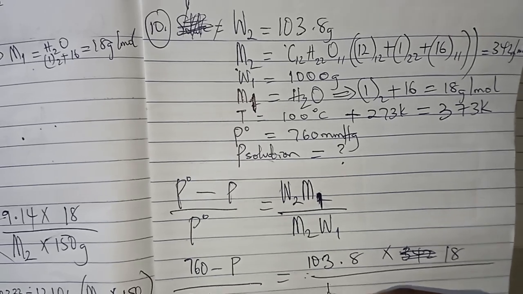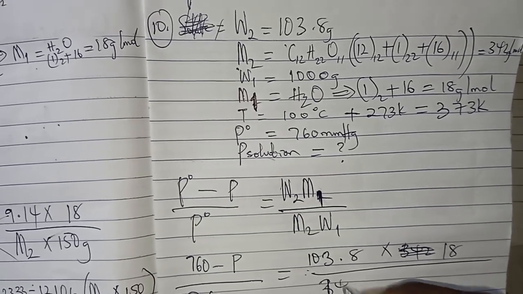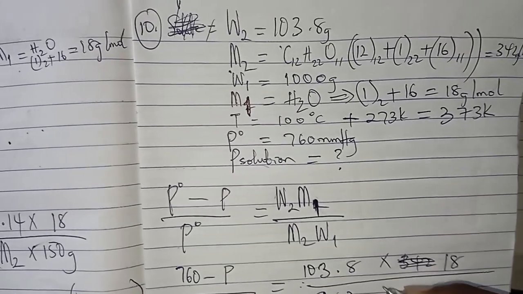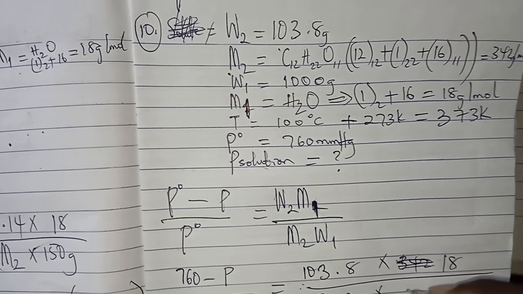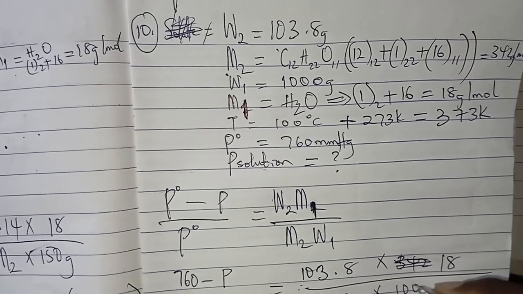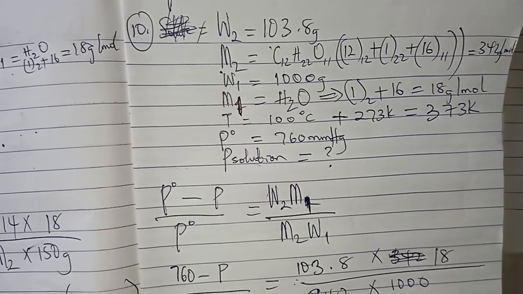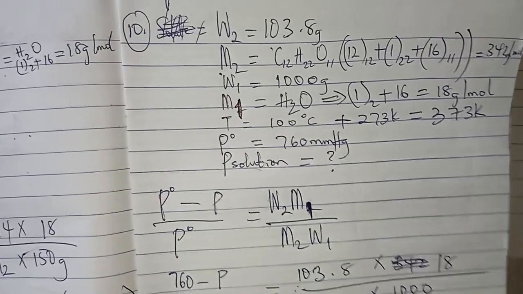Then M2 is 342, times W1, which is 1000.